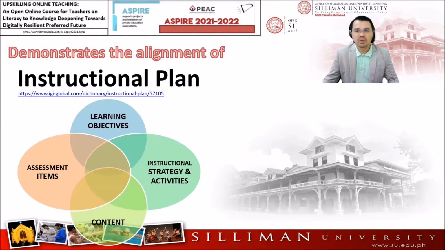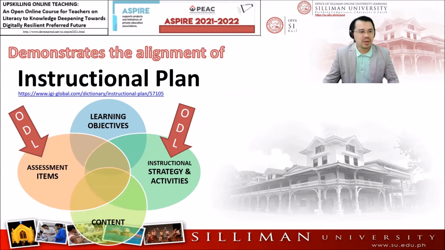Recalibration focuses on the modification of two major activities: the recalibration of assessment items and, at the same time, the instructional strategy and activities. In these two, online distance learning must be emphasized.